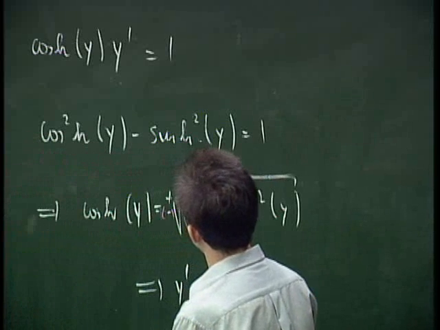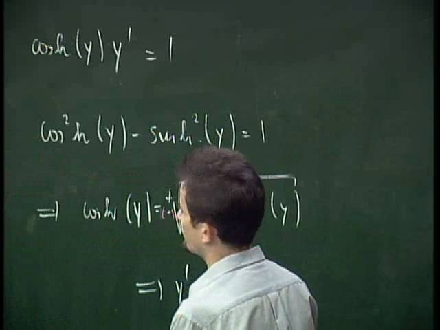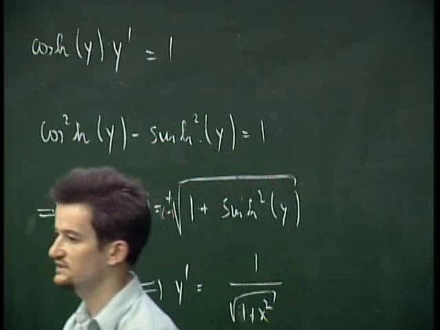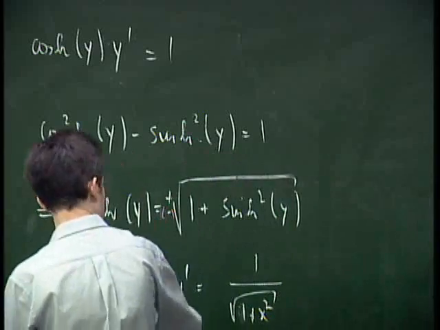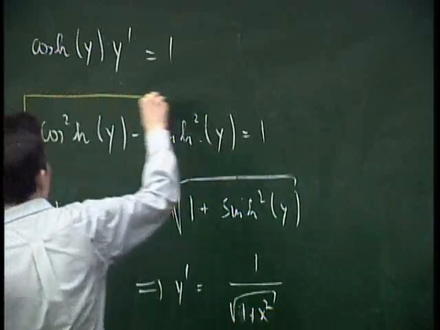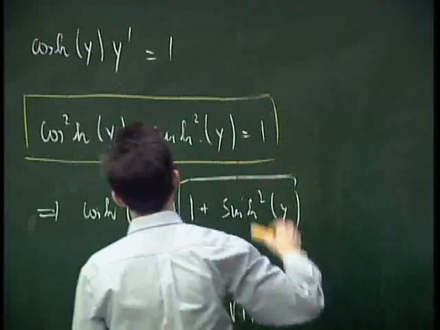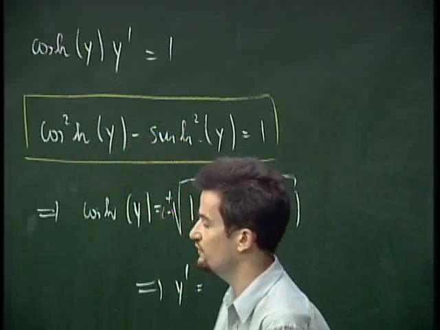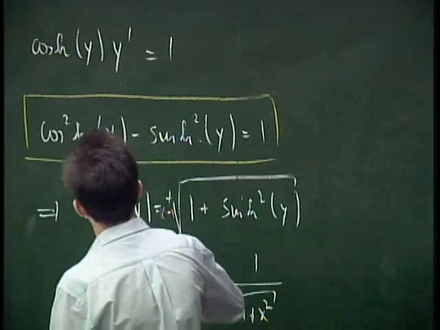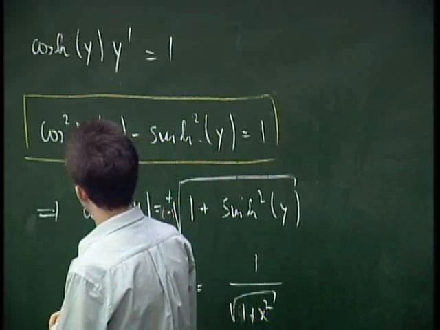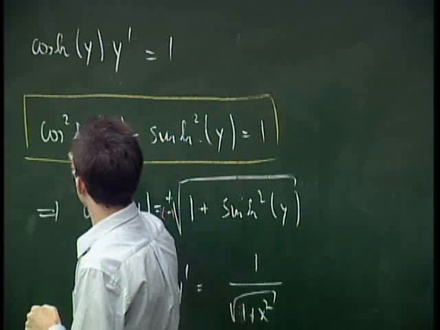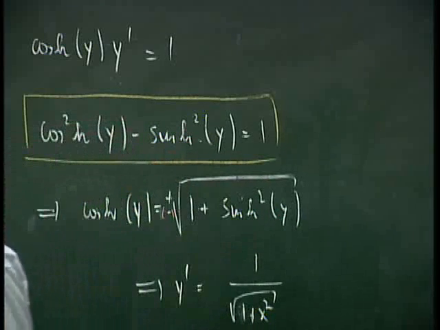Maybe because I have never explained as well why those functions are called hyperbolic functions. The reason for this, you can see here. Namely, if you compute for some y the pair hyperbolic cosine of y and hyperbolic sine of y, this point will lie on the hyperbola.